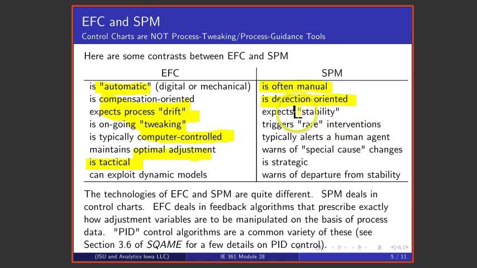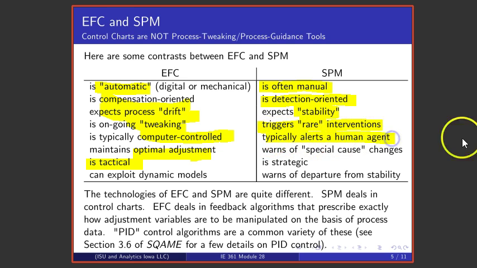It expects, in some sense, that a process is stable, that it's not drifting, but that it is consistent within the limits of ordinary random variation. It doesn't prescribe tweaks to a process, but rather sounds alarms that are intended to send someone to have a look at a process and make some kind of unspecified intervention.